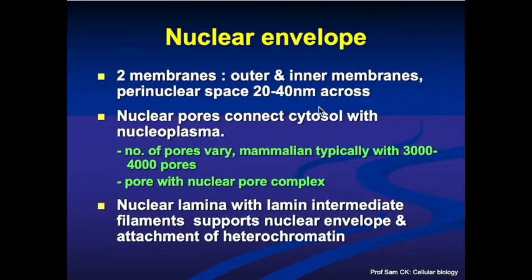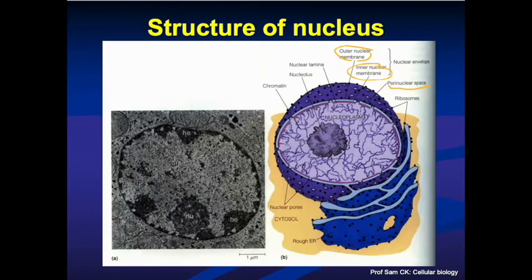On the nuclear envelope, you can also see the nuclear lamina, with lamin intermediate filaments that support the nuclear envelope and the attachment of heterochromatin. If you see over here, the nuclear lamina would be here. It's part of the inner nuclear membrane, in purple, and the nuclear lamina is underneath it, next to the nucleoplasm.